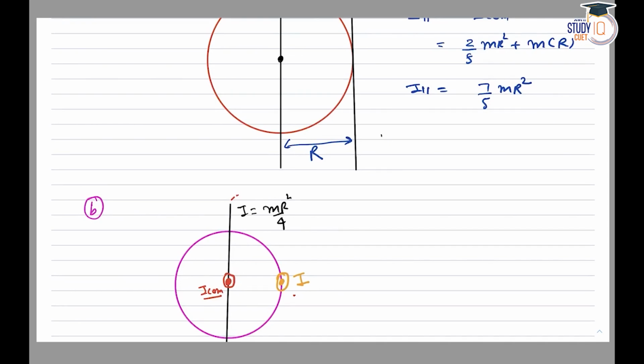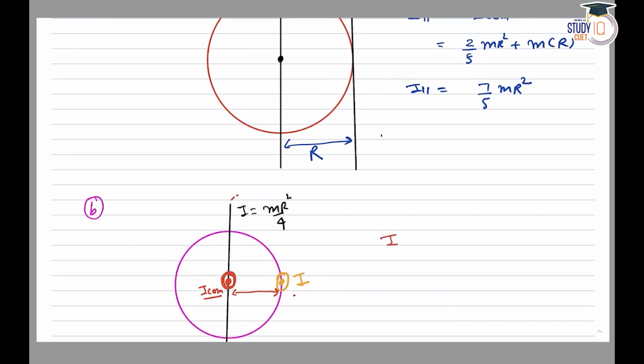So in order to apply the parallel axis theorem, we have to consider another axis which is perpendicular to the plane and passing through the center of mass. Due to symmetry, we are going to use another concept, the perpendicular axis theorem. So first, by using the perpendicular axis theorem, we can find the value of ICOM.